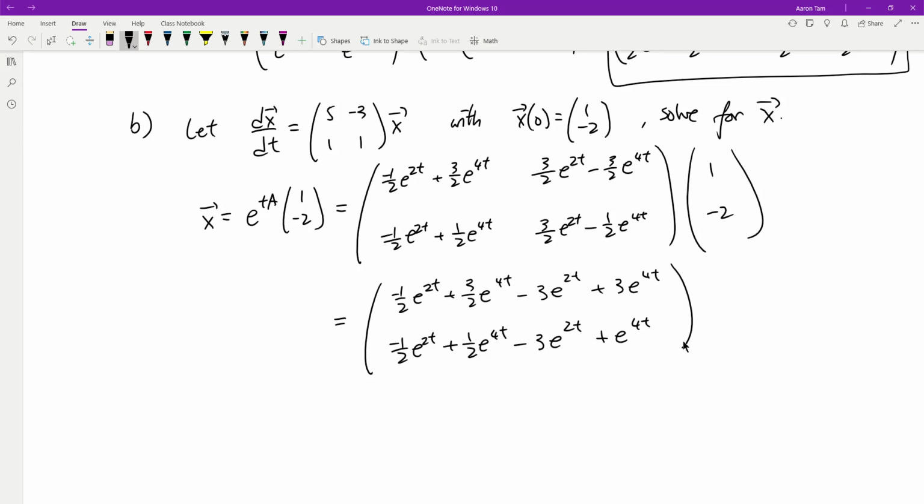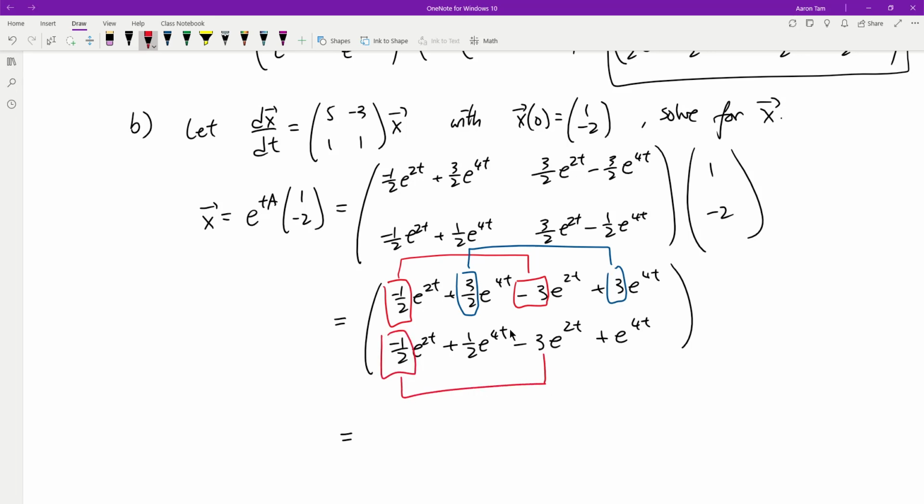And if you think about it, all you're doing is combining the coefficients for e to the 2t together, and then combining the coefficients for e to the 4t together. The same thing happens on the bottom: e to 2t combines with e to 2t, and e to the 4t combines with e to the 4t, which is a 1 in this case.